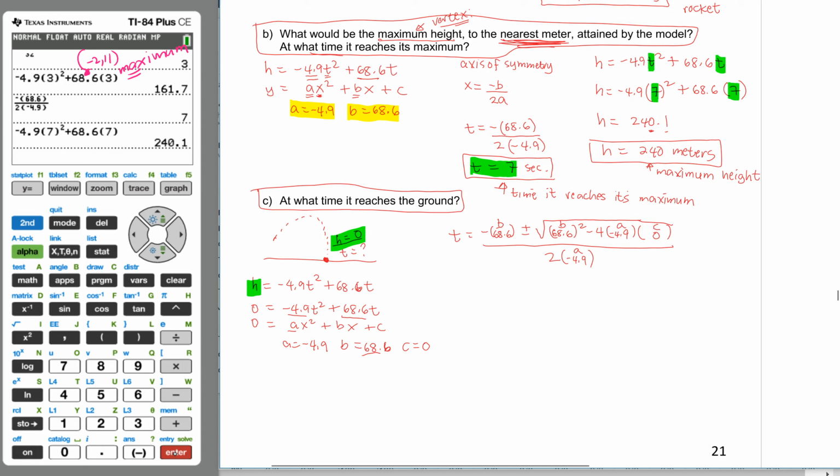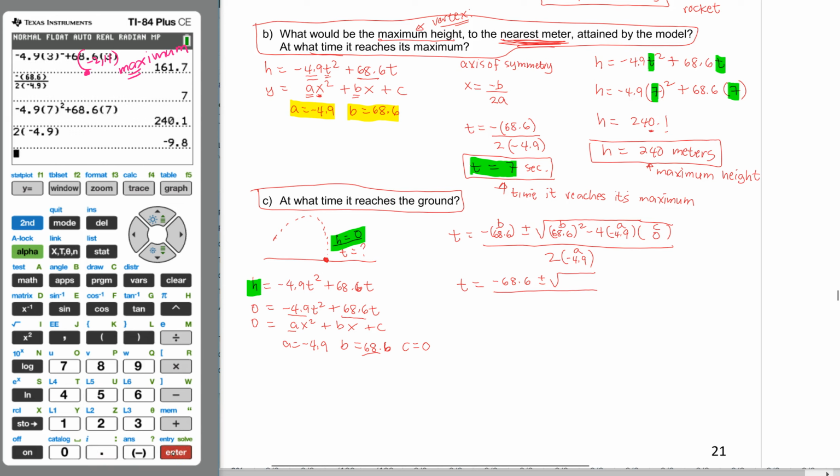Then you just simplify those numbers. So negative of 68.6 is just negative 68.6, plus or minus the square root of something, divided by, you multiply the bottom, 2 times negative 4.9, press enter. So this would be negative 9.8.